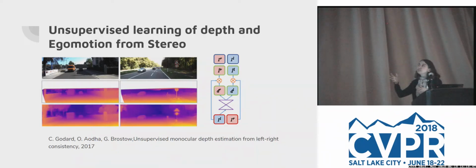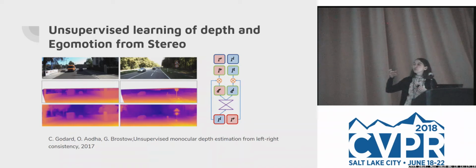And the idea of their algorithm is to be able to use both cameras, left and right cameras, to impose the same consistency. So here the trick is that only the left image is used as input at inference time, because you would like to only use stereo during training but test in a monocular setting.